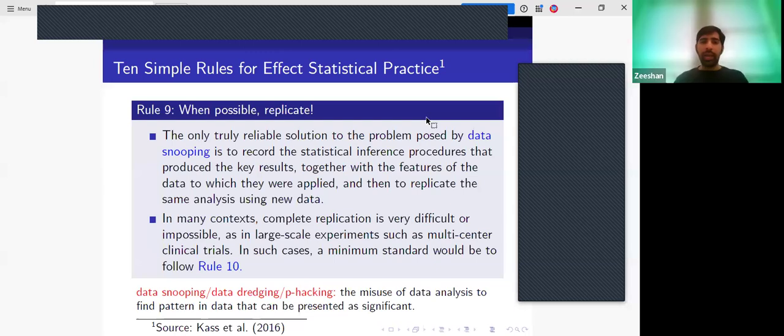Rule number 9. Okay, so for example, you have analyzed some data, and then you come up with some findings and discussion, and a theory that if this happens, then this happens based on this research, right? Then this should be replicable.